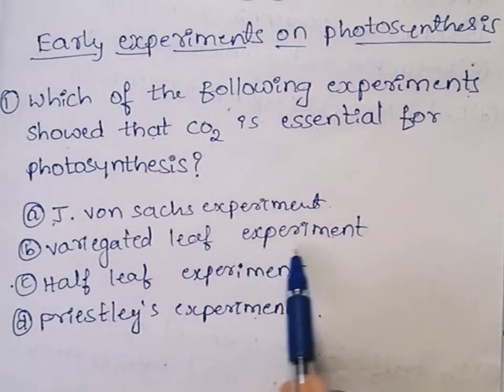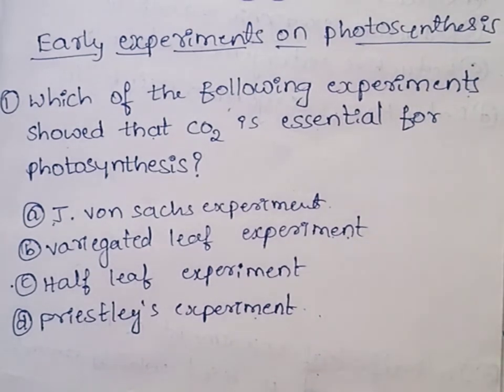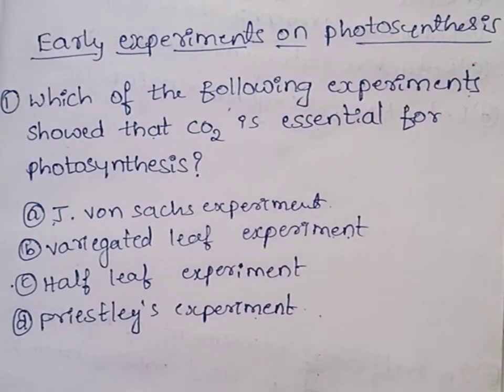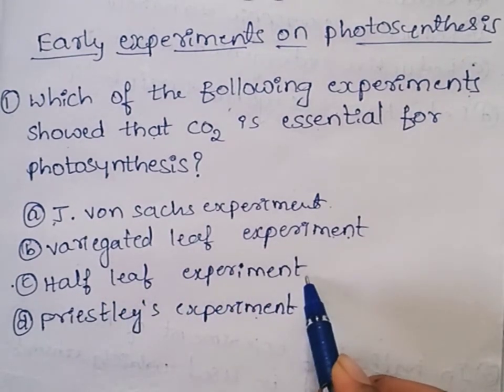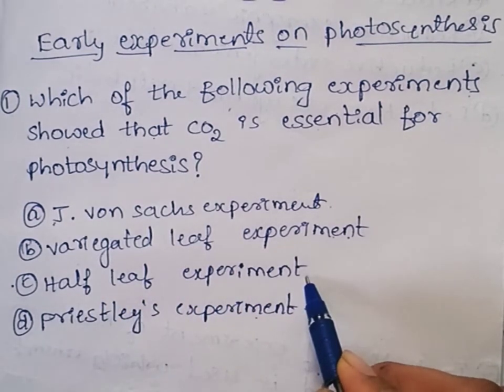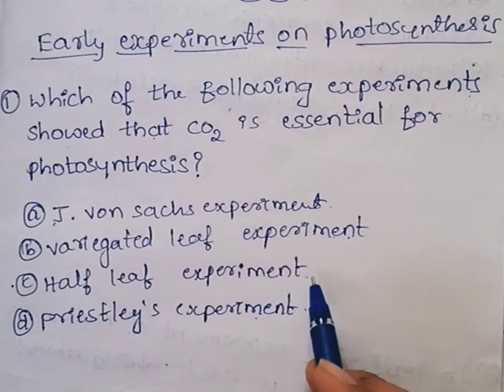And the variegated leaf experiment. According to this experiment, chlorophyll is necessary for photosynthesis. This is the summary of the variegated leaf experiment. The third option is the half leaf experiment. This experiment was conducted by Moll, so it is called Moll's half leaf experiment.